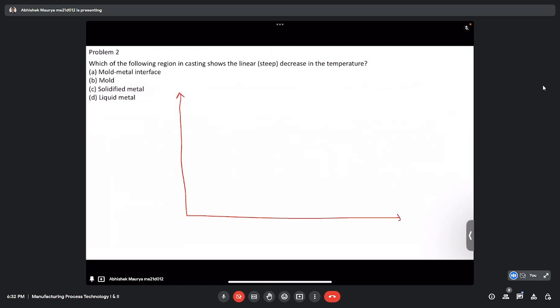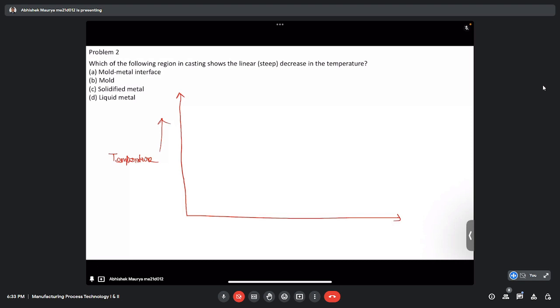On the y-axis, we will show the temperature, and on the x-axis, we will show the different regions.